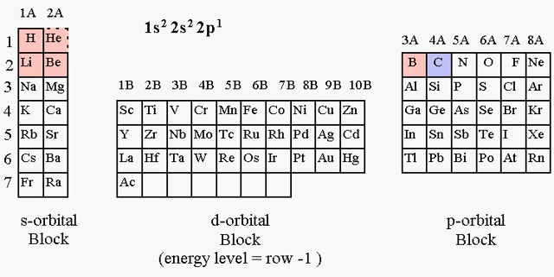It's still in row 2, so the energy level is 2, so it has its last electron in a 2p orbital, so we put 2p1 to indicate one electron in a 2p orbital. Finally, we reach carbon. Carbon's also in the p orbital block, so its last electron is in a p orbital. It's still in row 2, so we put 2p2 to indicate we have 2 electrons in a 2p orbital. So that's the final electron configuration of carbon, 1s2, 2s2, 2p2.